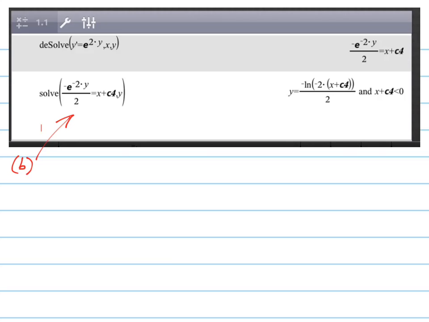So you use the solve command from the algebra menu, and I copied down that expression on the top right, and then put solve all that, comma, y, which means for y. And I got that fairly ridiculous looking expression on the right hand side, which, look, if you really want to analyse all that, it is equivalent to what I got.